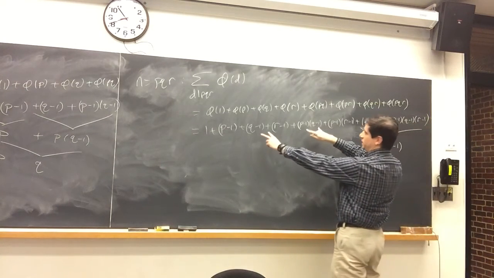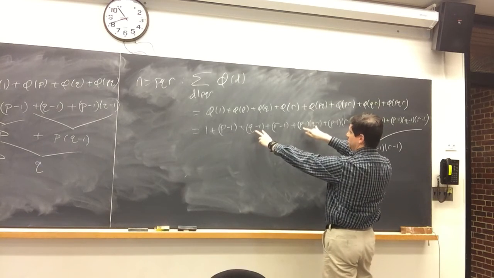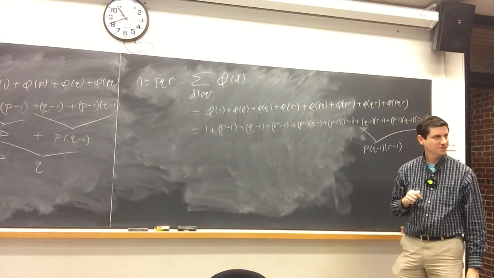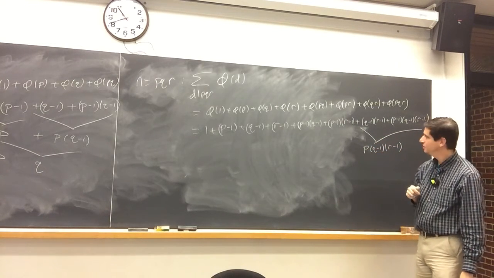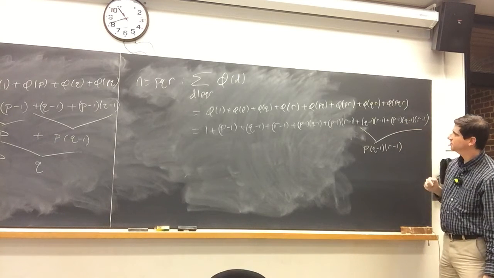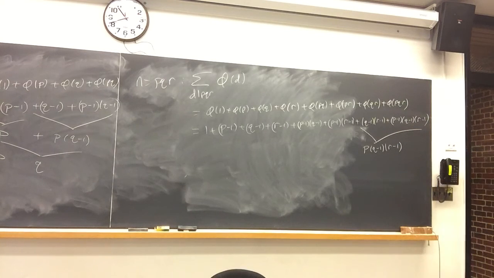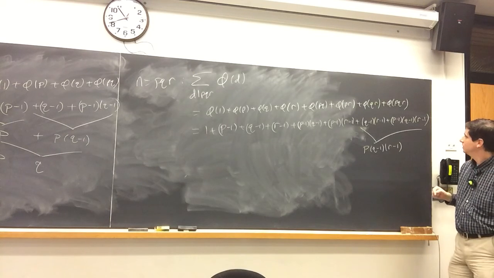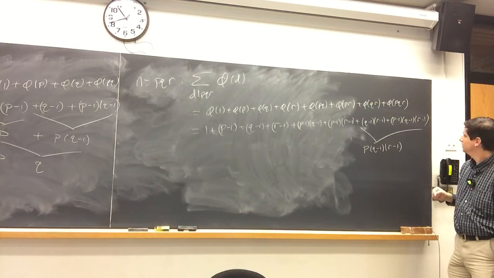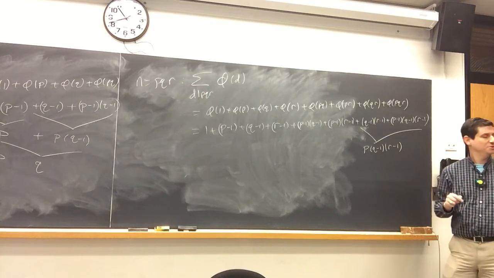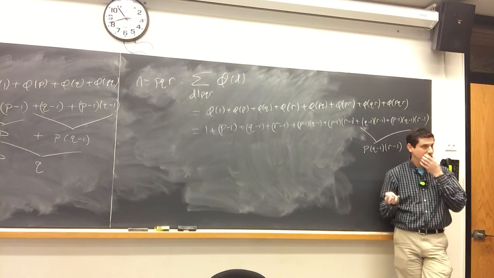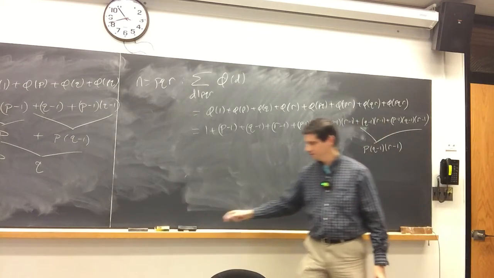Well, maybe if I group these two together, I've got a Q minus 1, a P minus 1, and a P. That would give me a P times Q minus 1. Or if we multiply that out, are we left with PQR plus or minus the rest of the terms? We have to be, because it ends up as PQR. So if we multiply it all out, it's got to equal everything else, right?